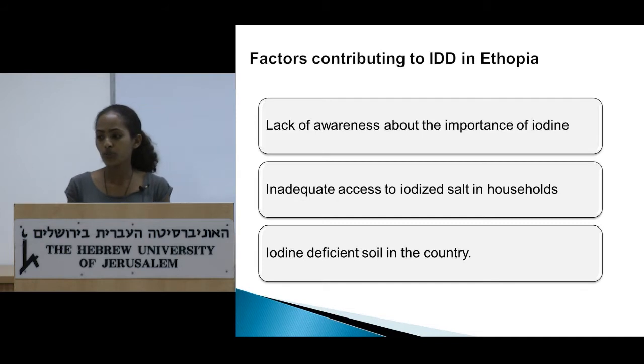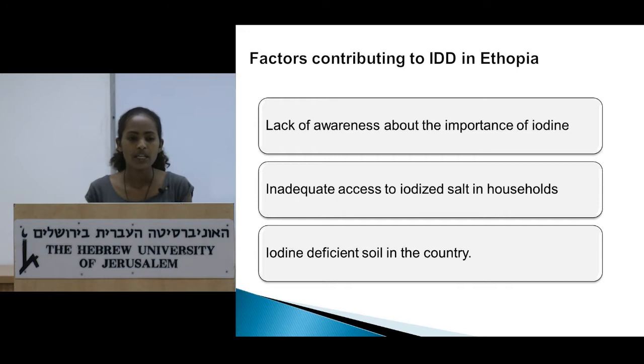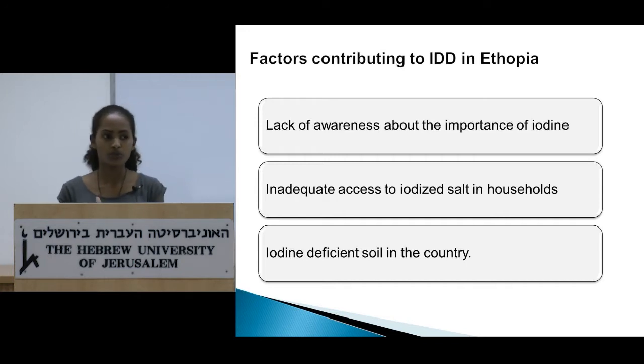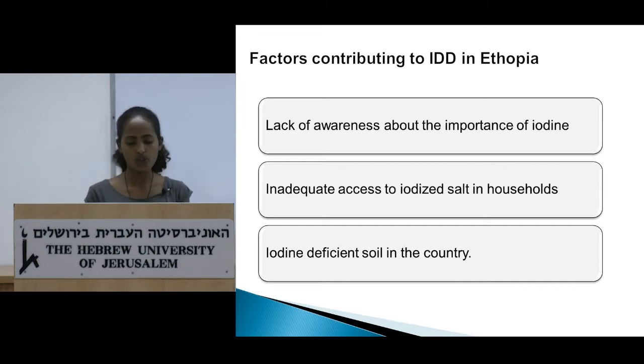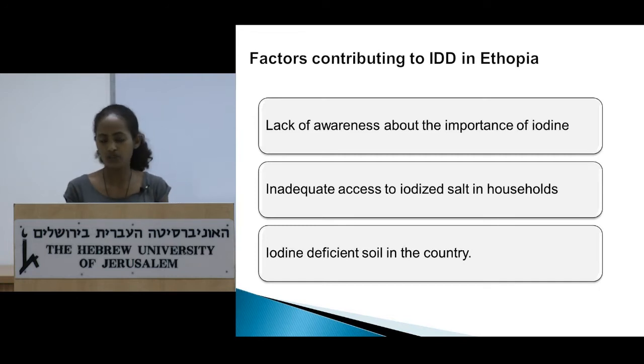The second could be inadequate access to iodized salt in households. A strategy called universal salt iodization is new in Ethiopia. Before, the country was trying to import iodized salt, so the distribution of iodized salt throughout the country and all regions was not good.